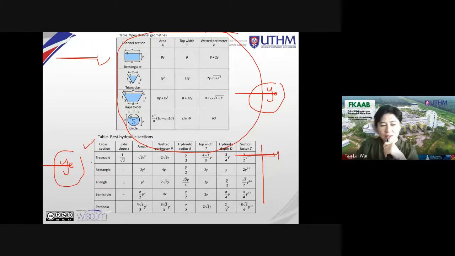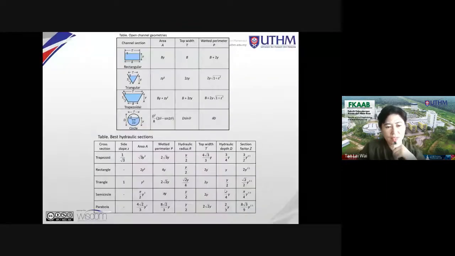In the subsequent slides, what I'm going to show you is how you are going to get to all this formula here. For example, the first section that I'm going to show you is this rectangular one. For the best rectangular section, I'm going to show that your B, if you look at here, rectangular, T is equal to B, right?